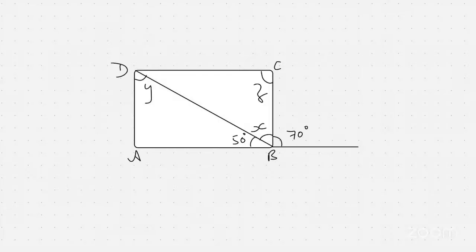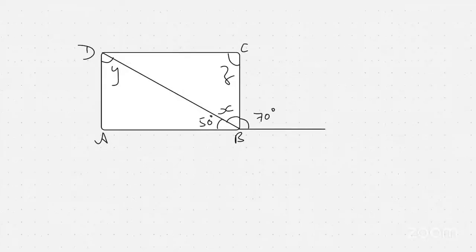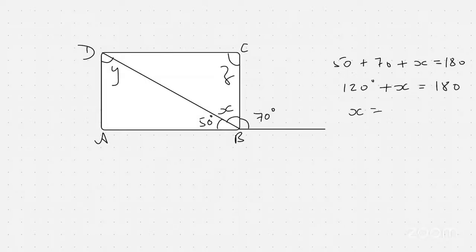What we did is, we did 50 plus 70 plus X equals 180. So we added 50 and 70, 120 degrees plus X equals 180. So we found out X is equal to 180 minus 120. So X became 60 degrees.